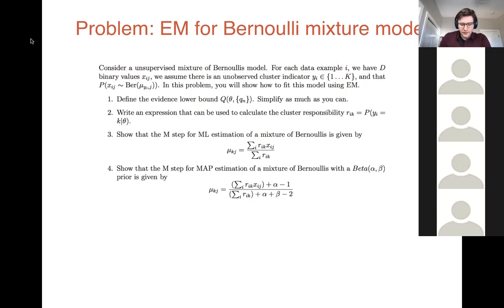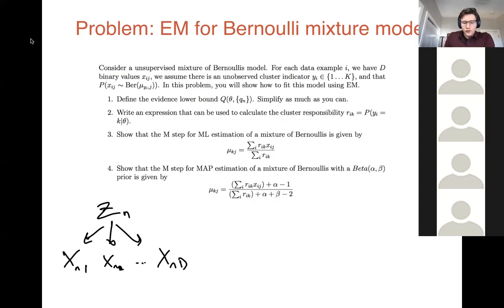That is, we have a z variable, which we index by n, and depending on z, we get a bunch of x variables, x_n1, x_n2, all the way up to x_nd. So we asked you first to come up with the Q function.